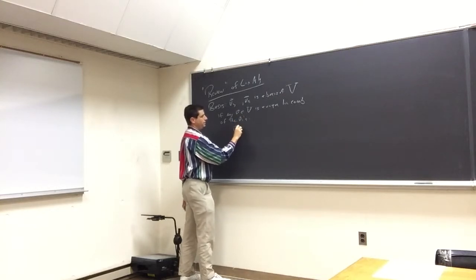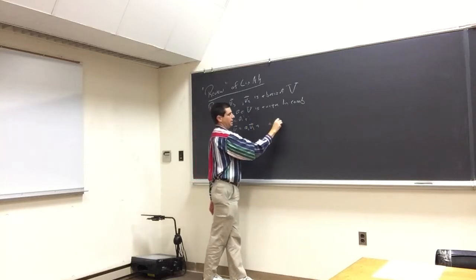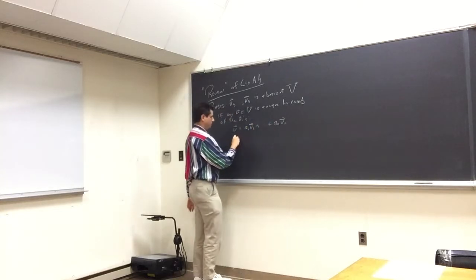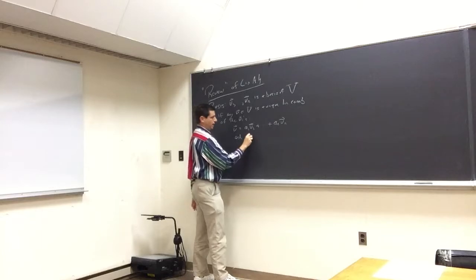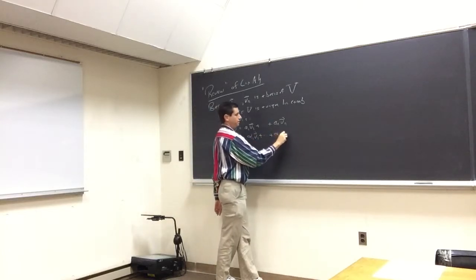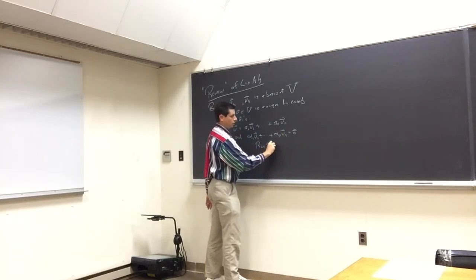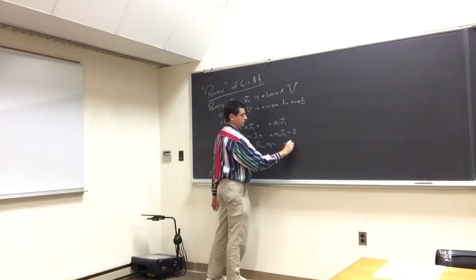So we can write v as a1 v1 plus ... plus an vn, and if alpha 1 v1 plus ... plus alpha n vn equals the 0 vector, then all the alphas are 0.